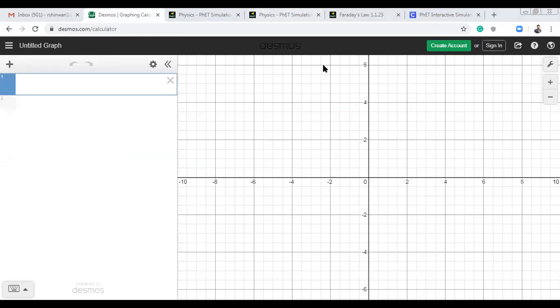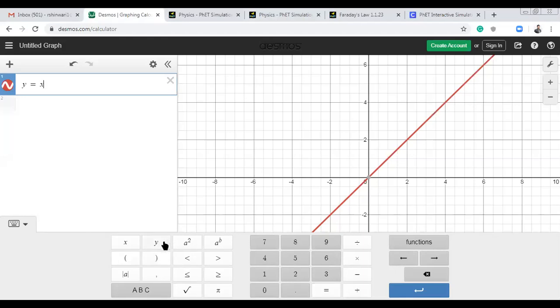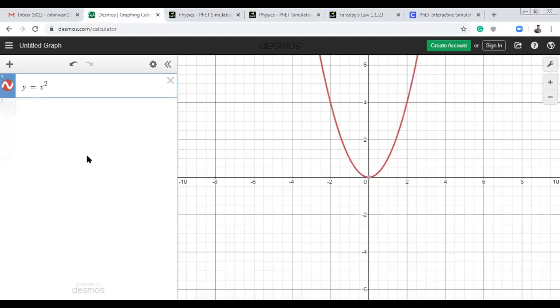Okay, I'm going to repeat here. Listen. If you want to draw a graph, you can draw it here. Like if you want to write function y is equal to x square, we have a symbol for square here. So what is the graph of x square? You can see the graph of x square.